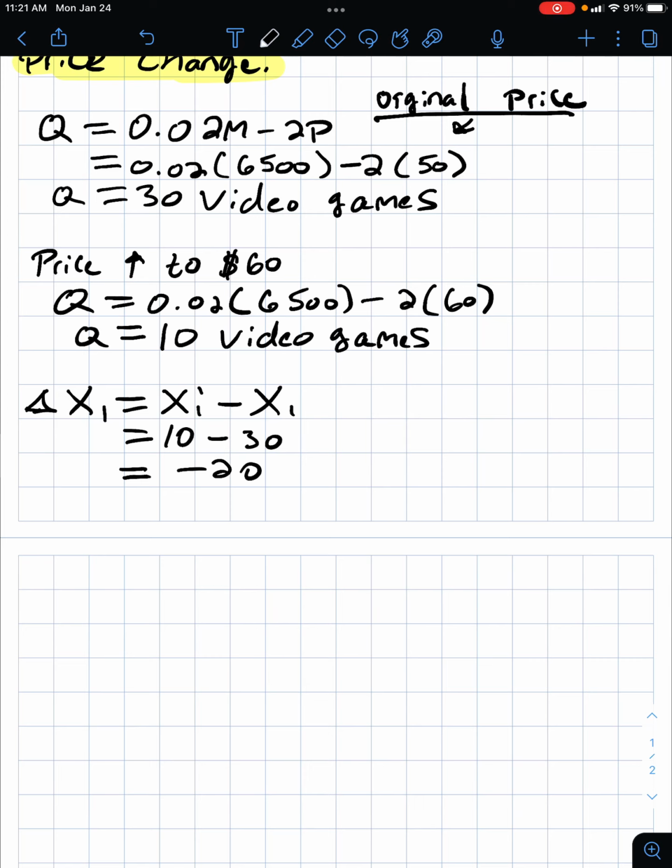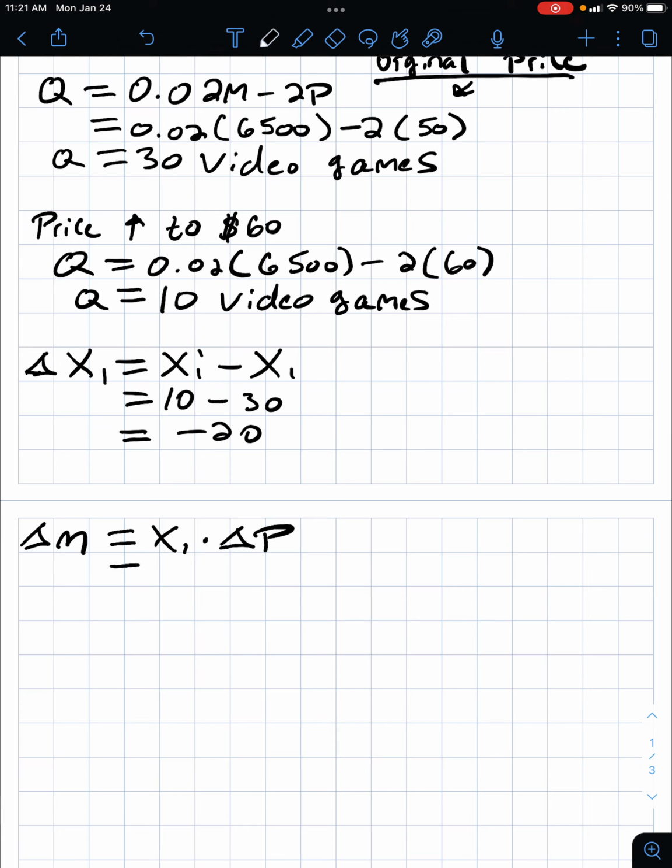Now, let's find Pete's change in income. Pete's change in income is equal to his original demand times the change of the price of the video game.